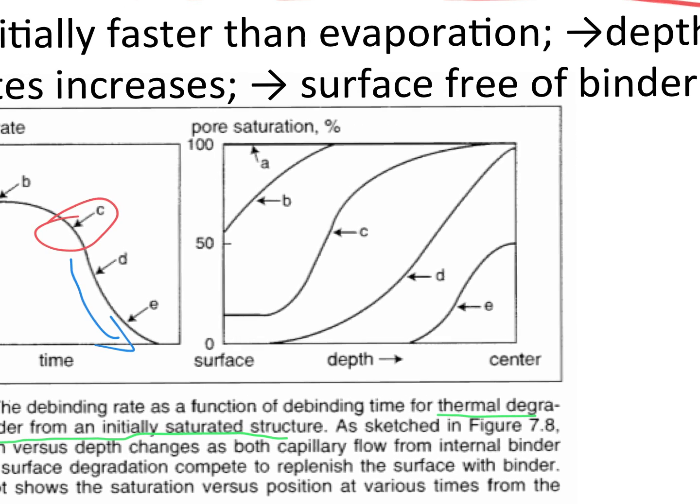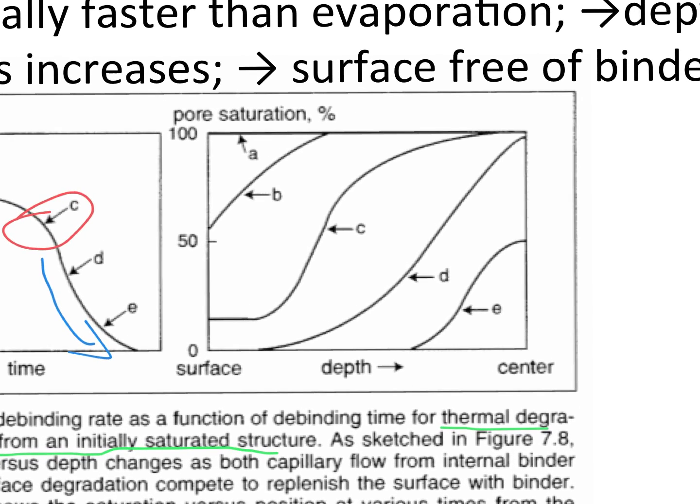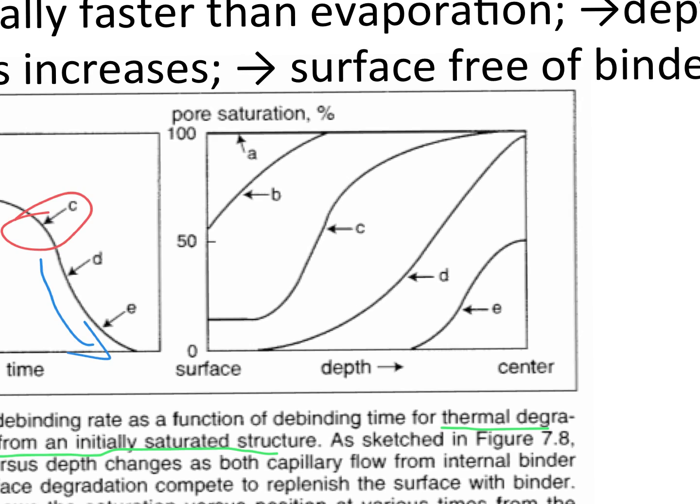But you also have this geometric effect which kind of follows that. We have three different areas that we're hypothesizing about: the surface, the center, and points in between. And we're looking at this issue of pore saturation. Initially, everything is saturated. We have binder everywhere, and just think of it as a big block.